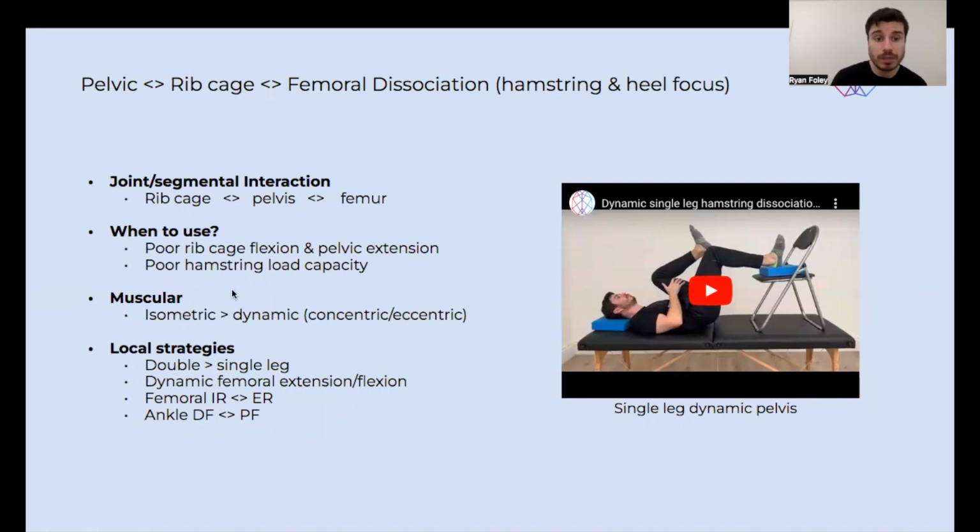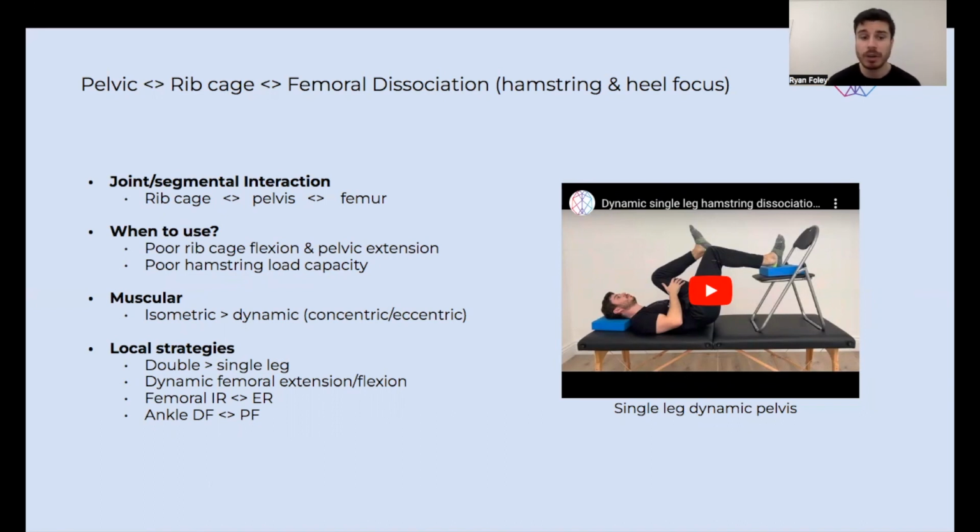So we're looking to facilitate ribcage flexion, pelvic extension, or just to maintain those behaviors as we work through them locally first before we move distally into the biarticular tissues of the limb. We could also use this if we have a client with poor hamstring load capacity as well, because the proximal hamstring will help assist in the extension of the pelvis as well.